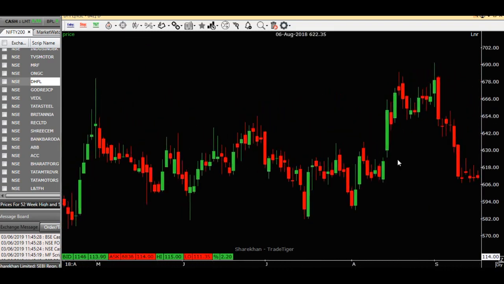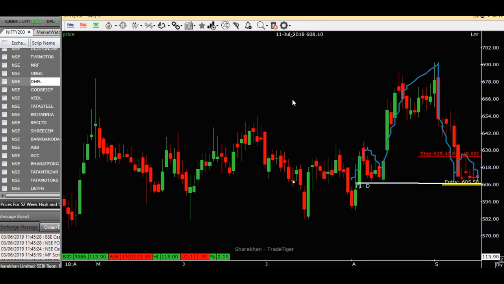So we had the same pattern, the head and shoulders, form right here. This is the left shoulder, this is the head, and this is the right shoulder. Our entry is right below this neckline, stop loss right above the right shoulder high.